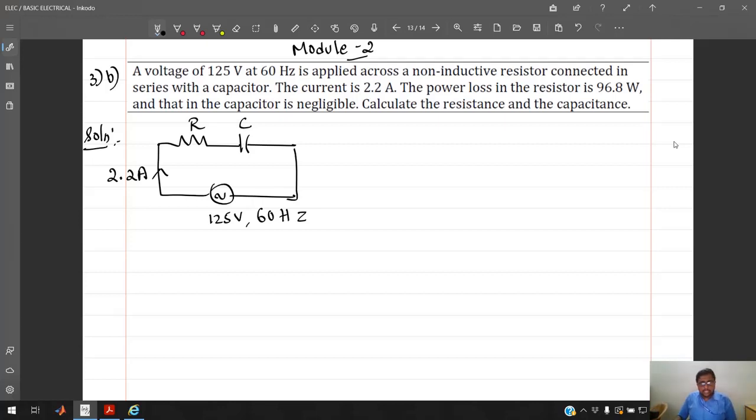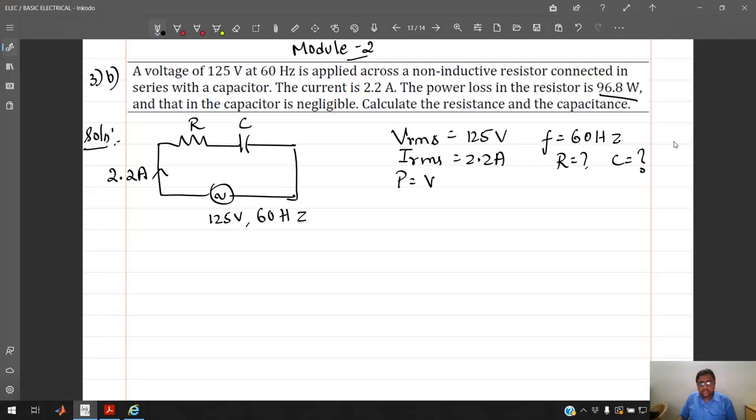So let us write the given data. We know that VRMS is given, that is 125 volts. Frequency is 60 Hertz. Then current IRMS is equal to 2.2 amperes. They have asked what is R and what is C. Now we can calculate from here. The power loss is given, that is 96.8 watts. We know that power is equal to VI cos phi.